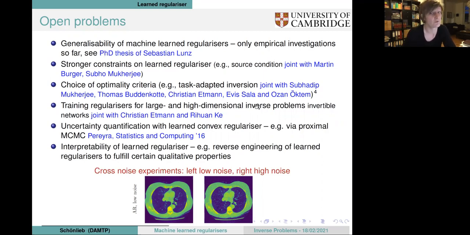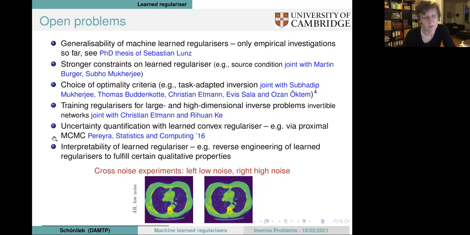The bottleneck of all of this is, of course, if you have very large 3D, 4D data for training regularizers, then you run out of memory when training such large networks. And so something that we have been looking into is what people are calling invertible networks, which are memory saving.